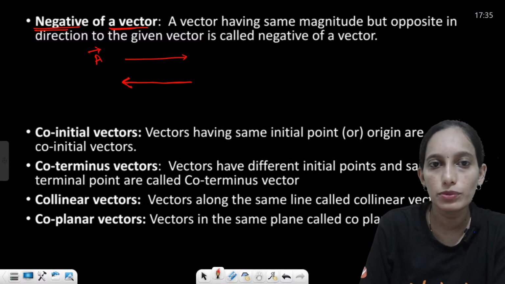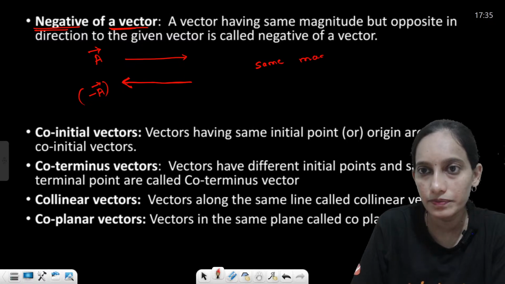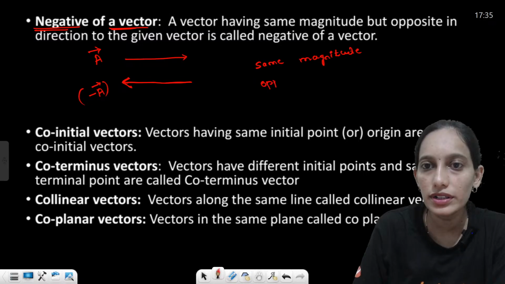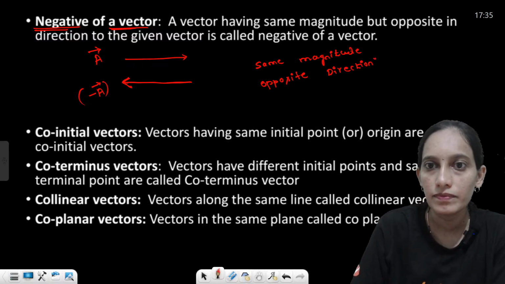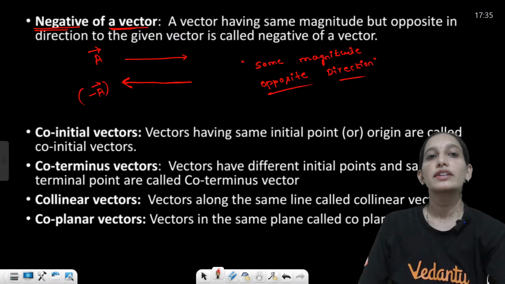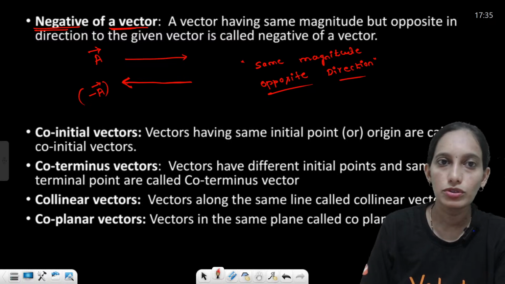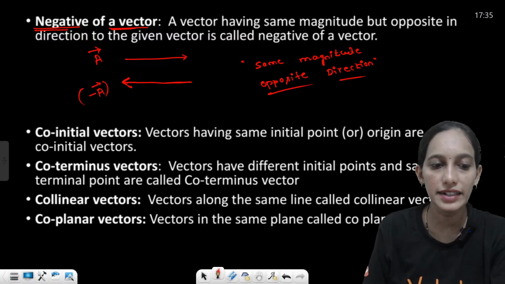So this is going to be your minus a vector. Same magnitude, opposite direction. If the magnitude is the same and the direction is opposite, we call that the negative of a vector. Okay, so that is how we represent the negative of a vector.